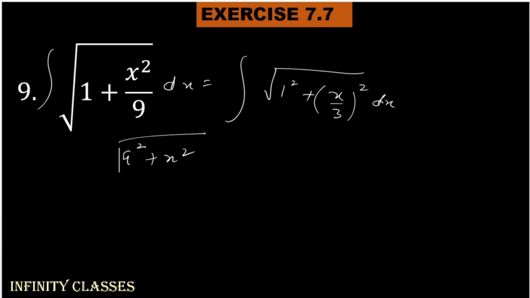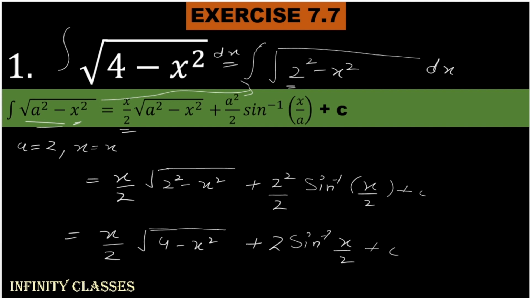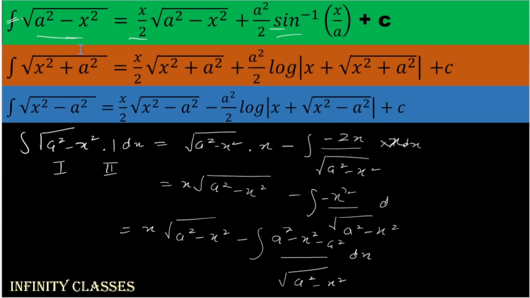So again we will apply the same formula, but here is plus. Keep in mind this is plus. Earlier it was minus, this time this is plus. Let me tell you which formula we will apply.